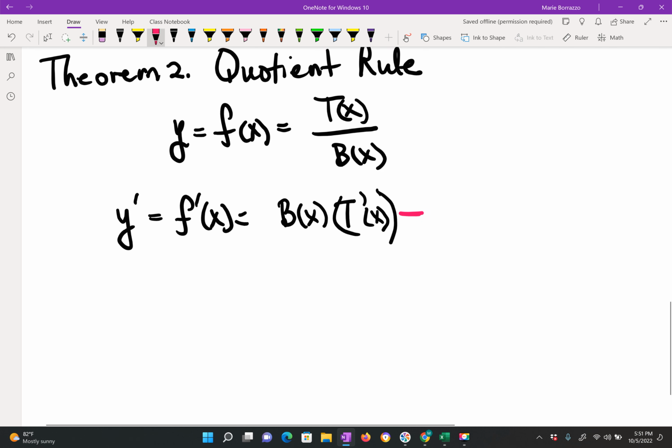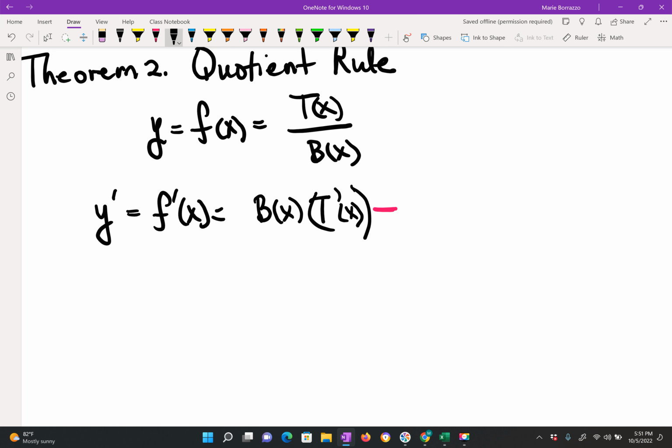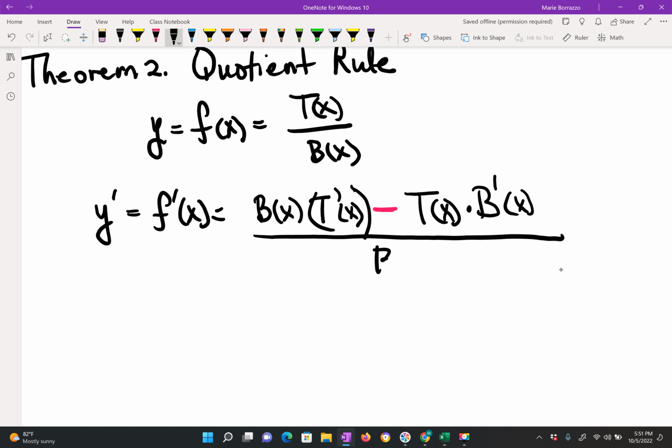Subtraction is part of the formula. On the other side of town, it's the first function times the derivative of the second function. And the part everybody always forgets, it's the denominator squared. And you will use this to differentiate.